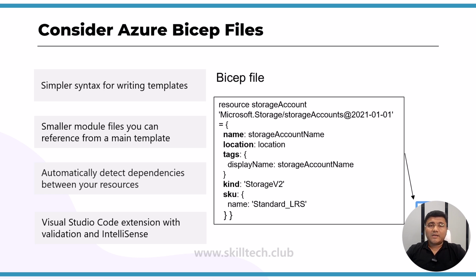These are all the advantages because of which Bicep files are going to be a better option compared to ARM templates. But remember one thing, there are so many ARM templates which are not going to be successfully converted into Bicep because Bicep is something which is a work in progress. It's still not finally ready for the production environment, but hopefully very soon it's going to be available.